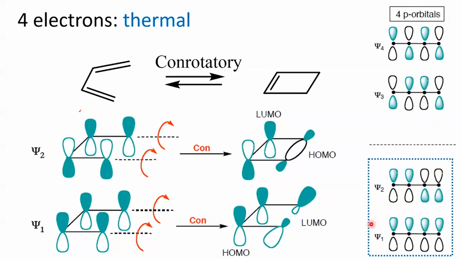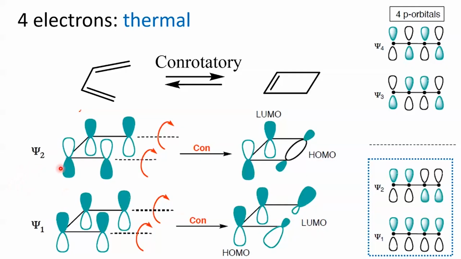And this shows us the orientation of the various orbitals that are going to be in play in this pericyclic process. So if we look at the absolute ground state, or the psi1, the very bottom down here, we can see that if we rotate both of these outermost orbitals in a clockwise fashion, we're going to see destructive interference when 2 mismatched orbitals overlap one another. So this wouldn't form any bonding interaction.